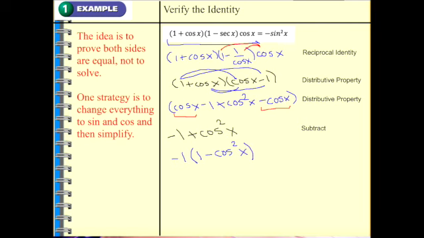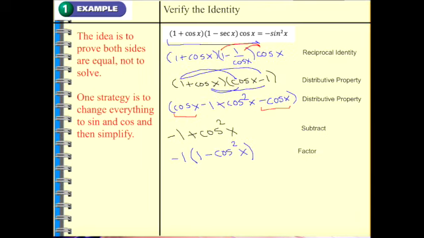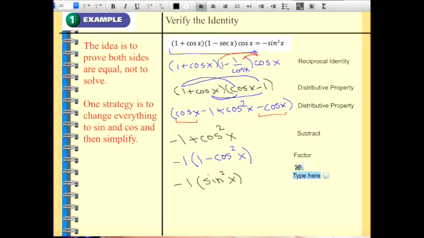So my justification is going to be factor. So I did factoring. Now it can be even more clearly seen that 1 minus cosine squared is really sine squared. That's going to be a Pythagorean identity for my justification.